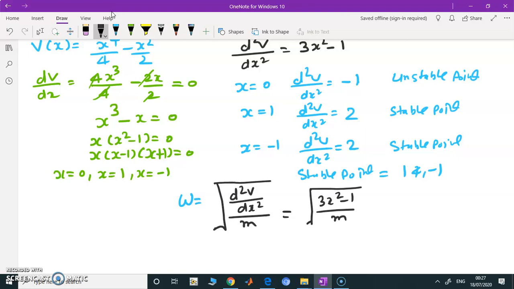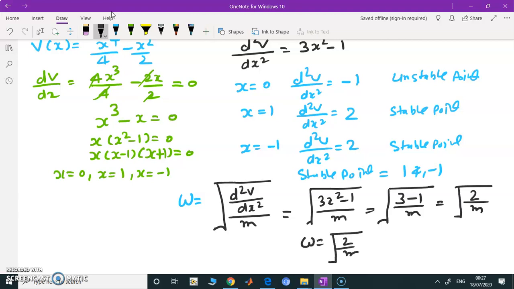If I put either value, this will be 3 minus 1 divided by m. So you will get under root 2 by m. So your omega is under root 2 by m. This is your answer, and the unit will be second inverse.